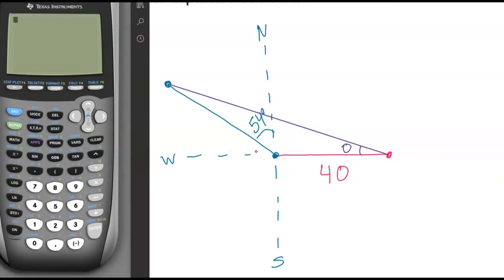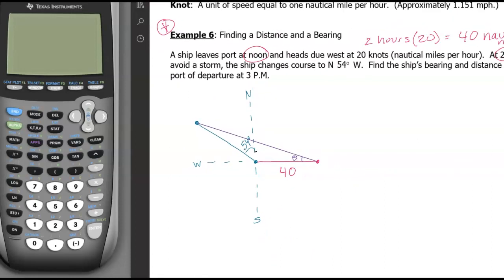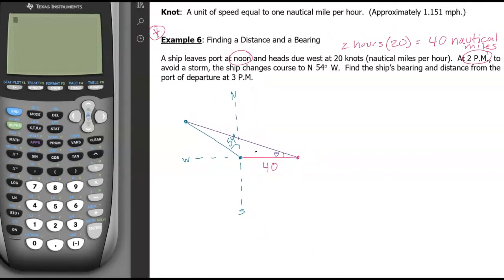So this angle right here. Now, I forgot to label the distance on the last leg of their trip. They changed direction at 2 p.m. and ended at 3 p.m. That's only 1 hour, meaning they only traveled 1 times 20 nautical miles.